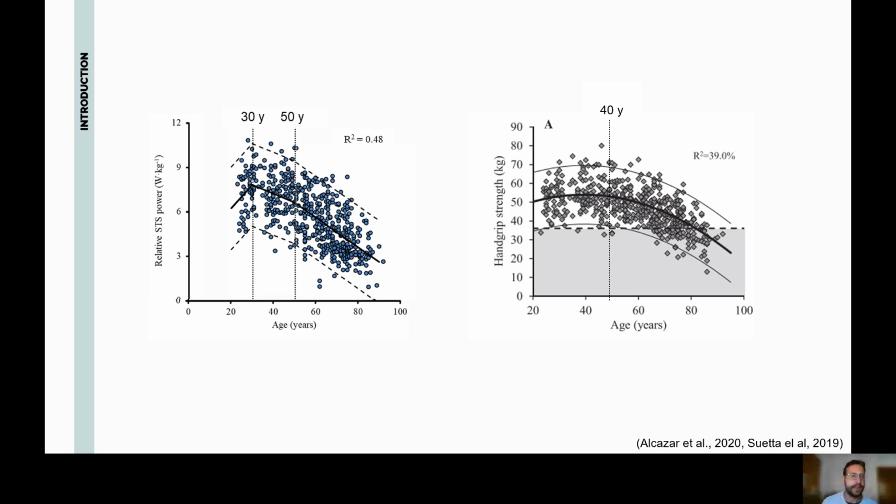So, as you can see in the slide, from results from our group, in the left figure, you can see muscle power is lost from the age of 30 years, and this loss increases at 50 years of age. However, as you can see in the right figure, muscle strength is lost at about 40 years of age, and the decline starts at that age.